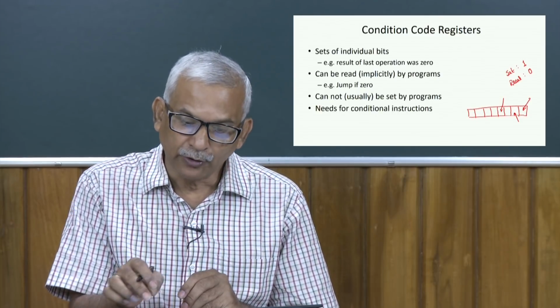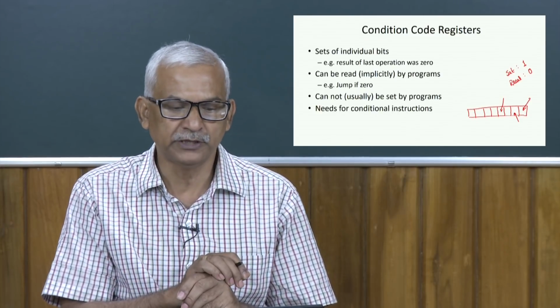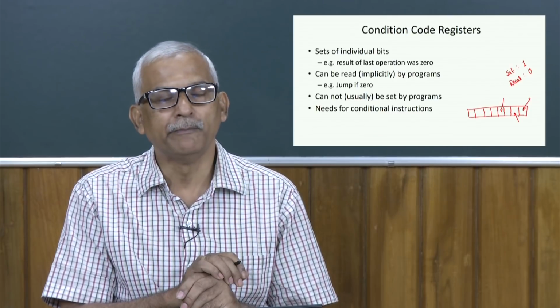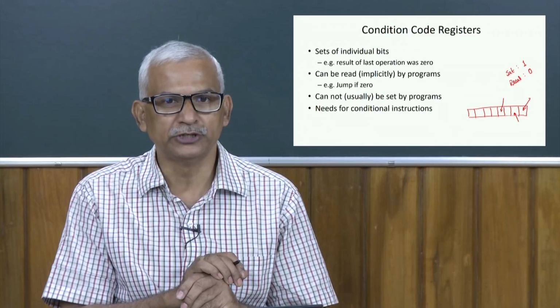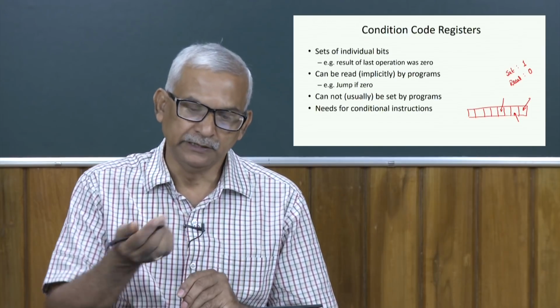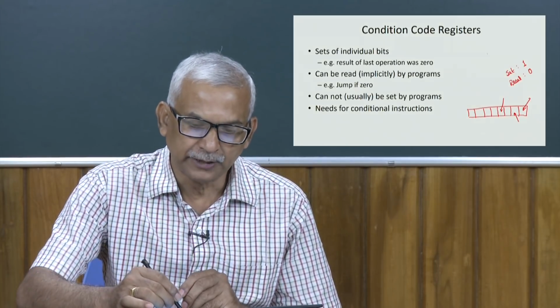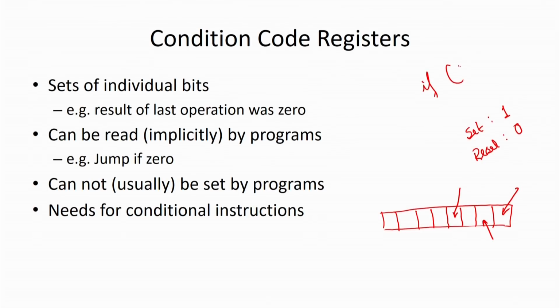And we use those particular condition bits to make some decision. When we design a conditional instruction, in a high level language generally you write something like, if a equal to 0, then do something, else do some other thing. Here we are comparing it.